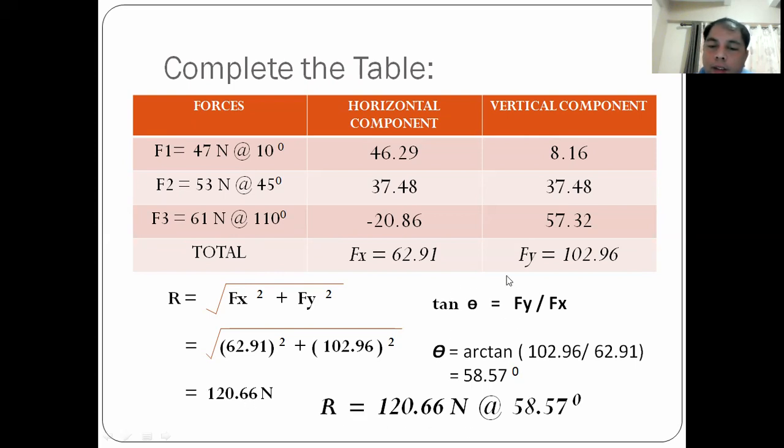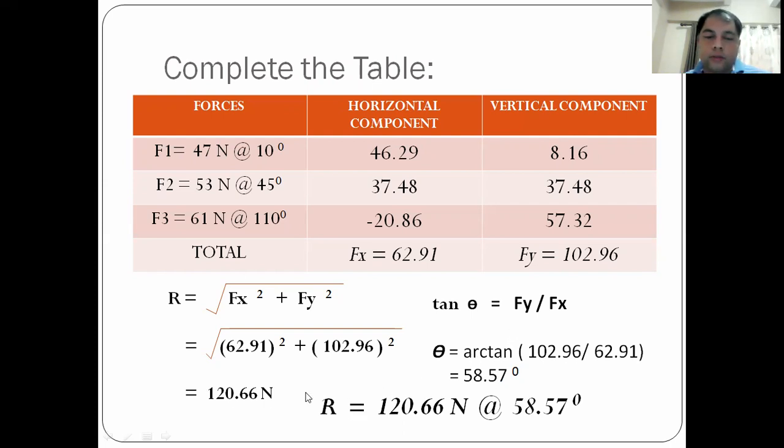Whereas our angle or direction can be determined by getting the arc tangent of theta. So if tangent theta is opposite over adjacent, which is Fy over Fx, then the direction will be the arctan of 102.96 divided by 62.91. That will give us an angle of 58.53 degrees. So this is now our direction.